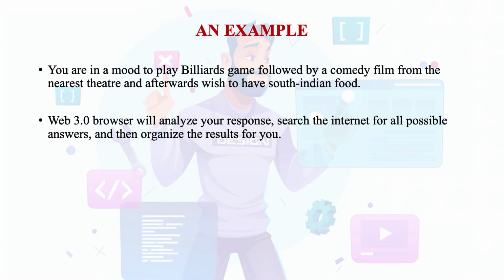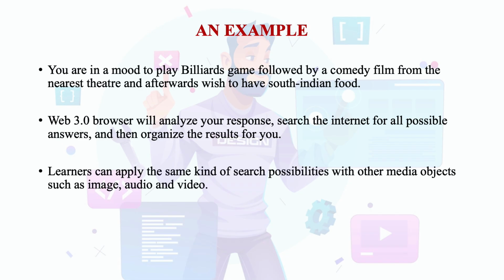So the Web 3.0 browser will analyze your response, search the internet for all possible answers for the string that is given above and then organize the results for you. So the string that you had given is a very complex string which is connected with three kinds of activities.